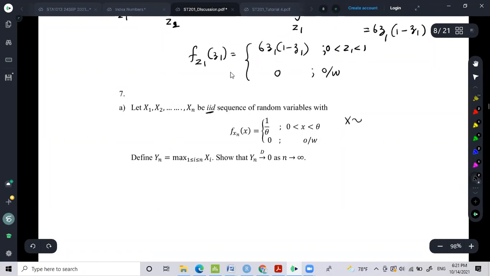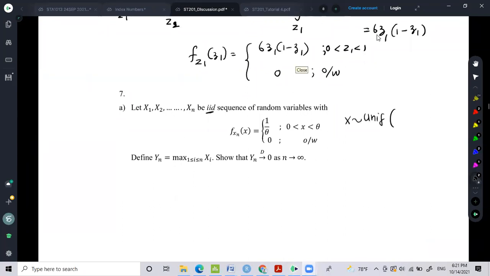With all the examples we did so far, you should be able to identify this distribution. That is uniform. Uniform from where to where? What are the limits? Alpha and beta? 0 to theta. Yes, thanks.